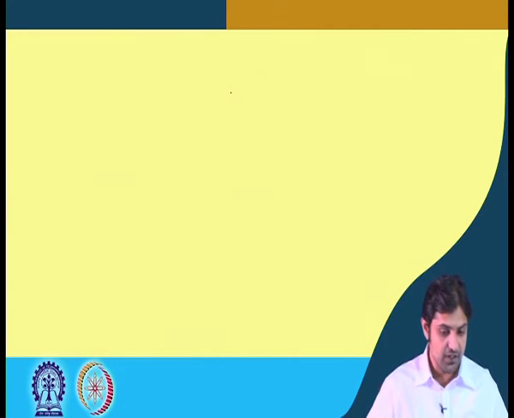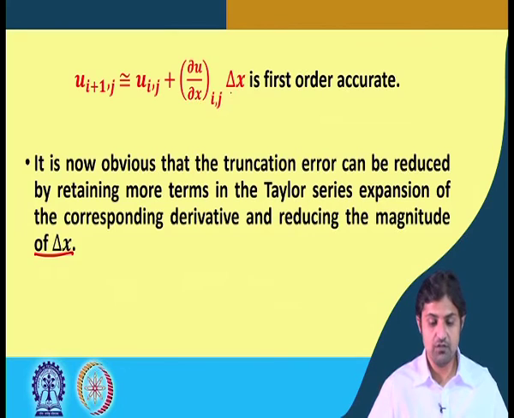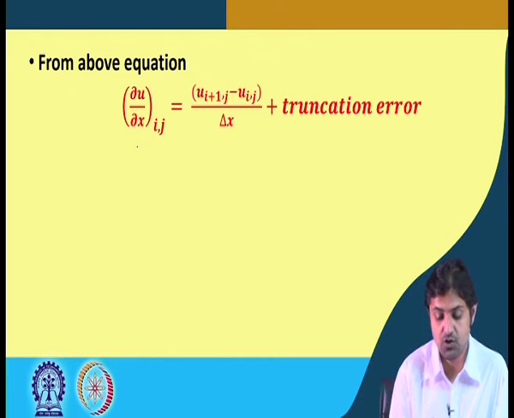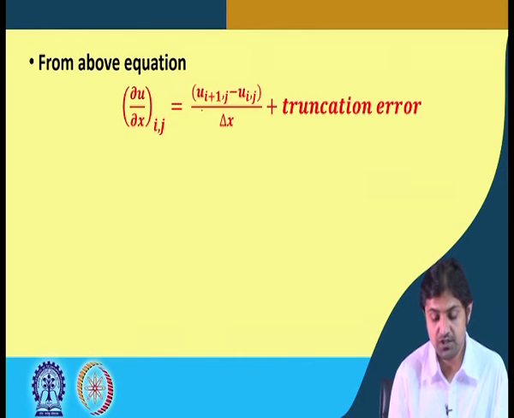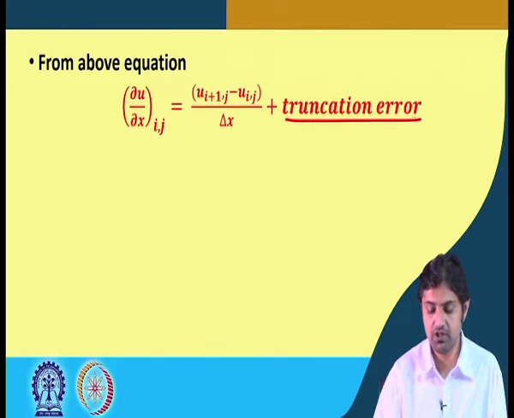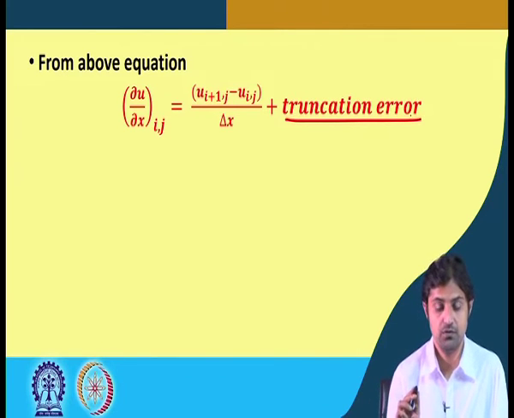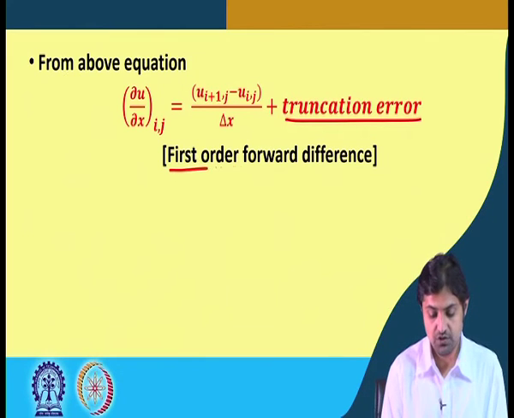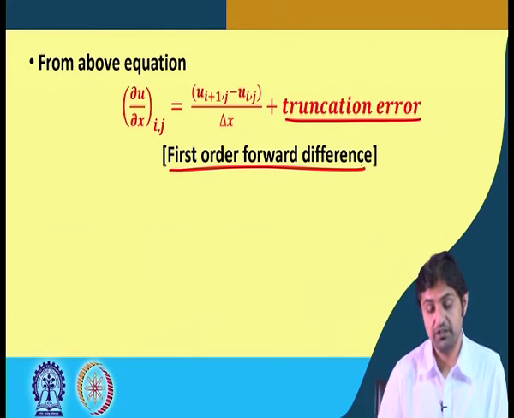So, from the above equations, the first order equation and the second order equation, we can evaluate ∂u/∂x at (i,j), which means u of (i+1, j) minus u of (i,j) divided by delta x plus truncation error, whatever we have left out, okay. So, this is actually called the first order forward difference.